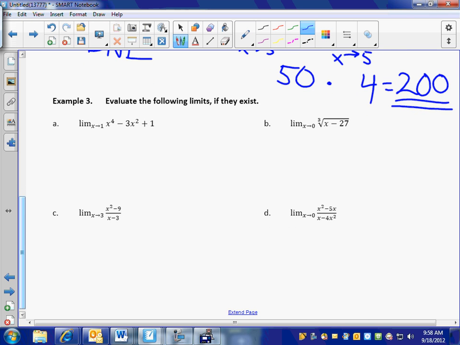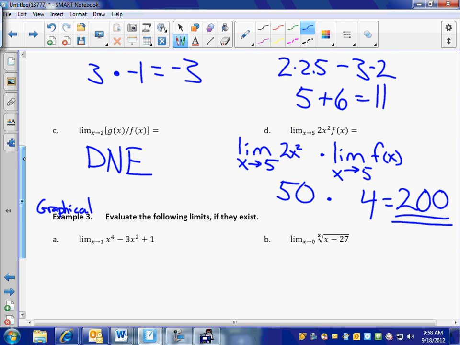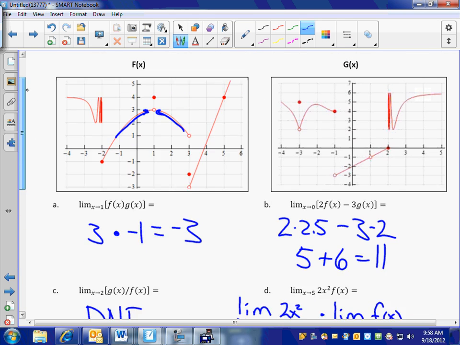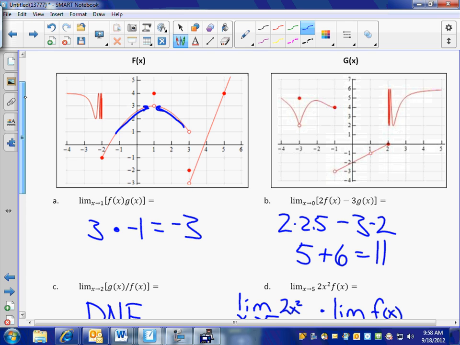Okay, please write this down above here. Graphical. Well, in this situation, we should really explain that. That's a good point.